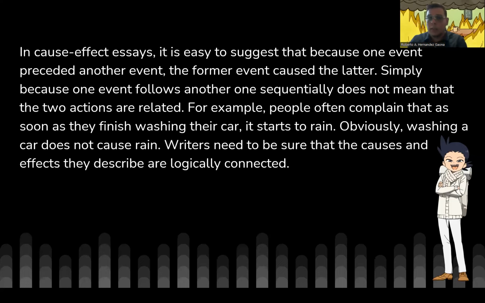So obviously, you washing your car is not going to provoke rain, but we need to make sure that the reader doesn't just understand that because it's implied, right? We need to use the correct vocabulary. We need to make sure that we're making the correct links between the causes and the effects that we want to make, and not just imply things or not be too specific with our wording.